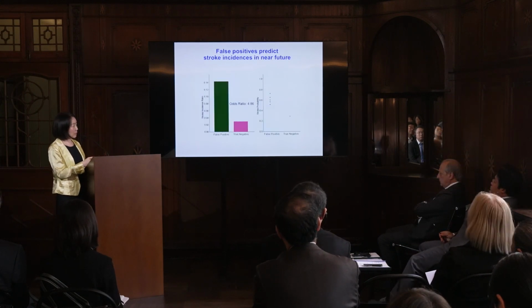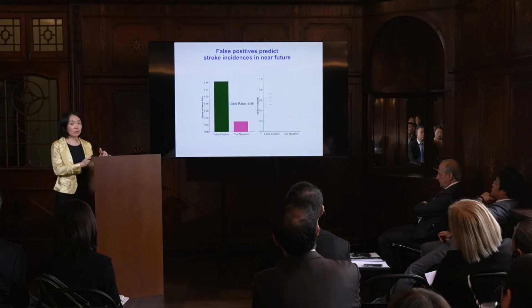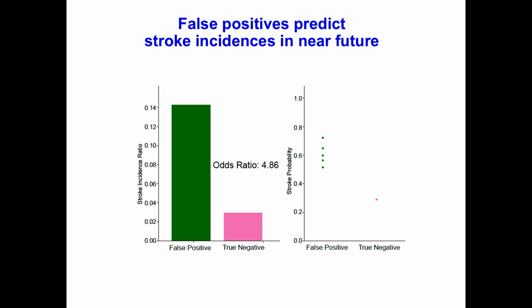And our collaborators also recalled all these patients and found that indeed in these false positive predictions, those are the ones we predicted as stroke, but the people are not diagnosed as stroke, they have a much higher odds ratio of being stroke.